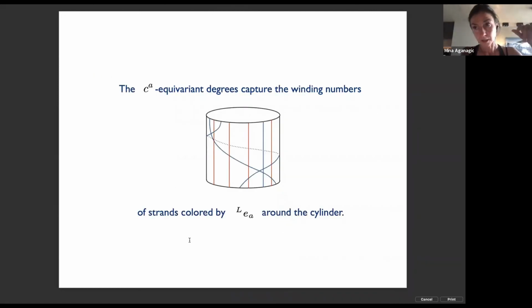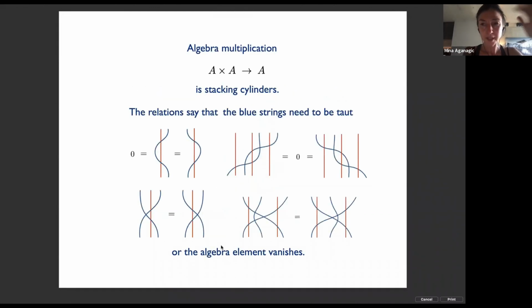The other equivariant degrees, associated mirror to the lambda action, capture the winding numbers of strands around the cylinder. The algebra multiplication is simply stacking cylinders. What the relations say is that the blue strings need to be taut, or else the algebra element vanishes.